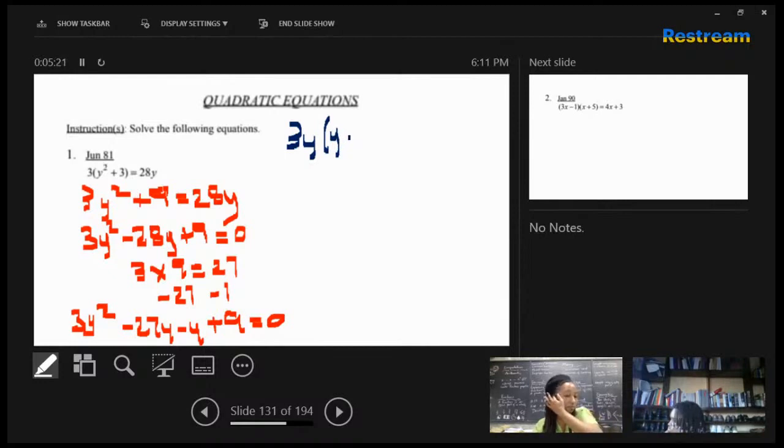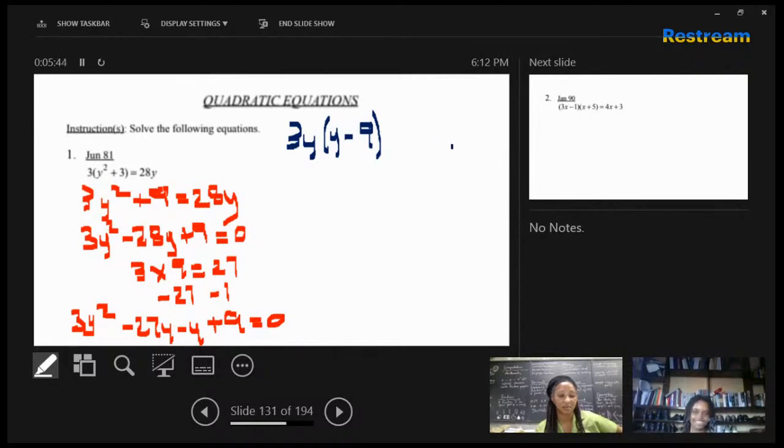And negative 27y divided by 3y is negative 9.